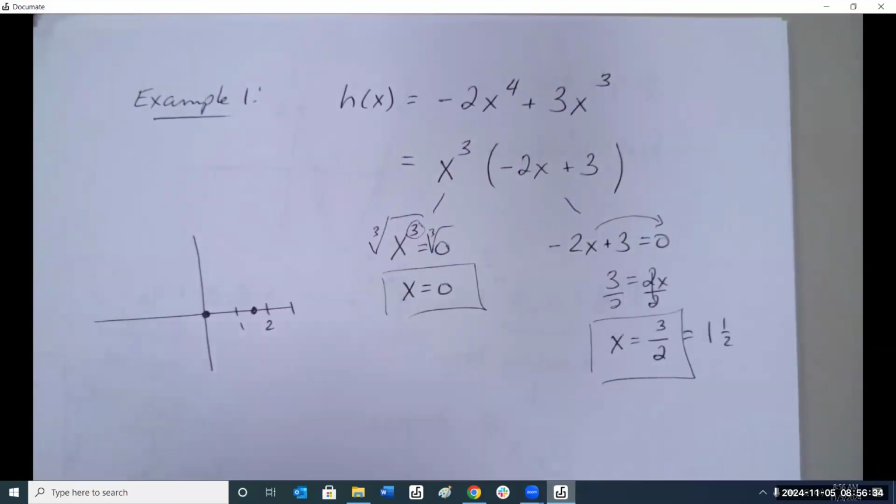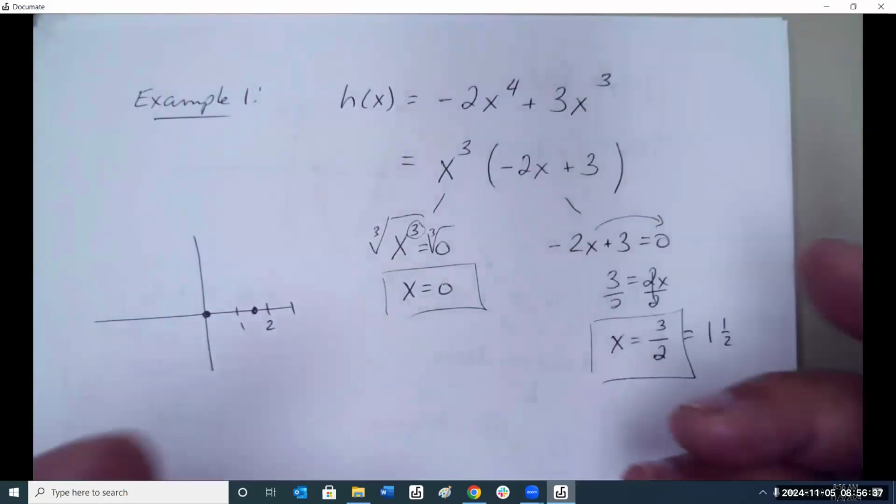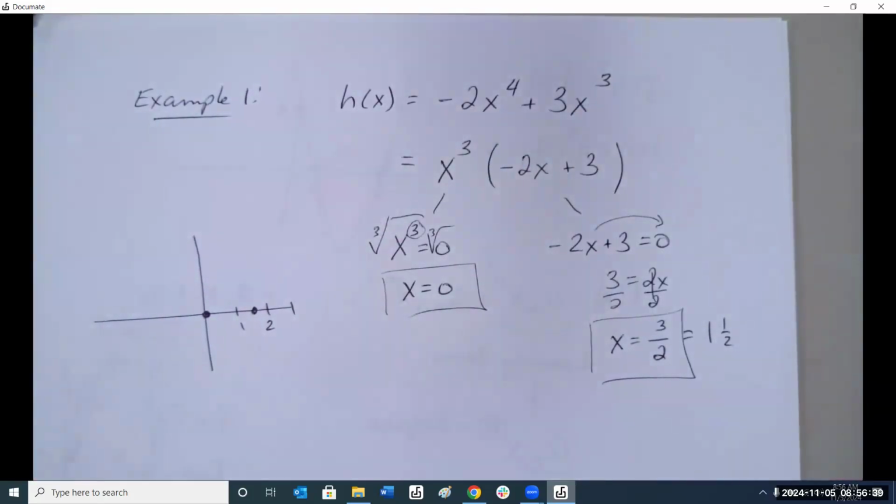It's going to be 0, because if I set x equals 0, it equals 0. So my y-intercept is also at the origin. Rule of thumb, if the x-intercept is at the origin, the y-intercept is at the origin. Okay, let's sketch the graph now.